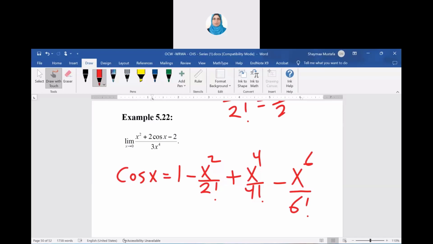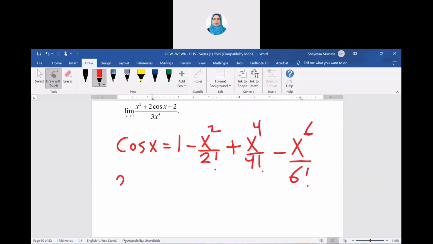You can stop here. Now we need to calculate 2 cos x, because we have 2 cos x here. So you need to multiply by 2.